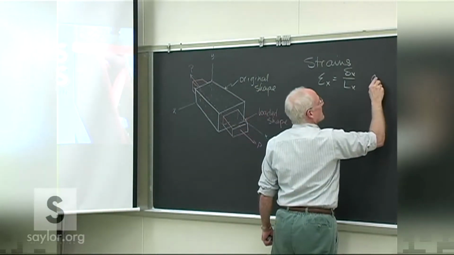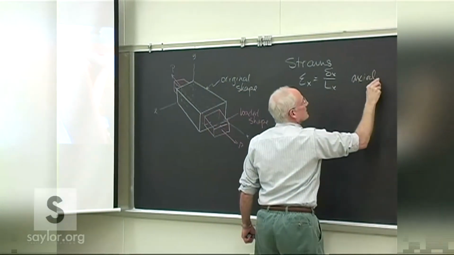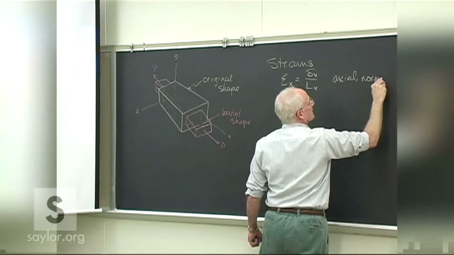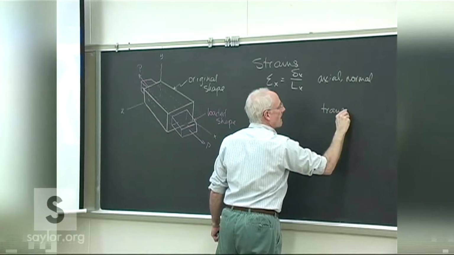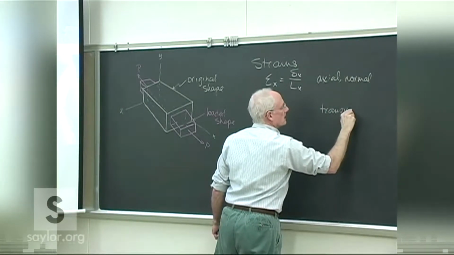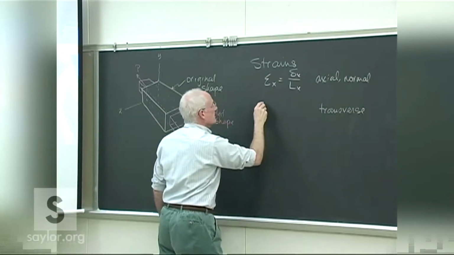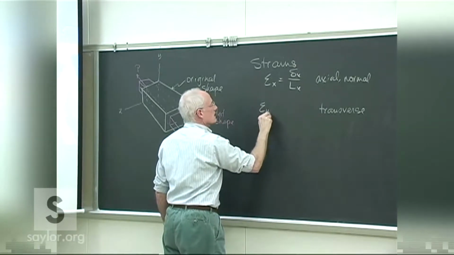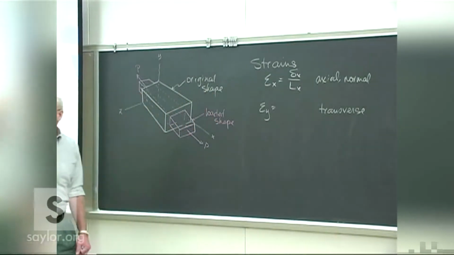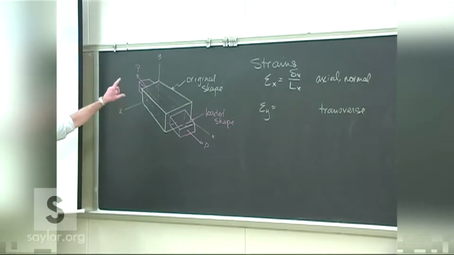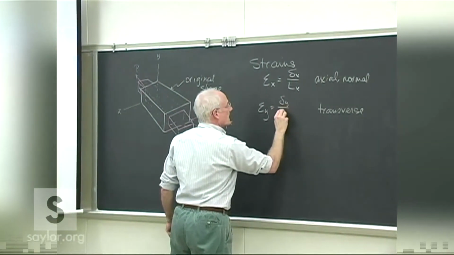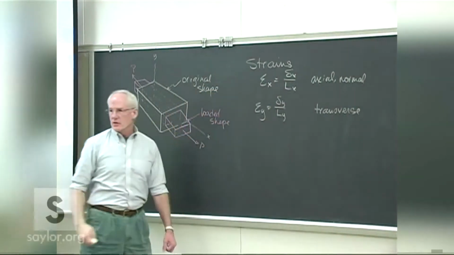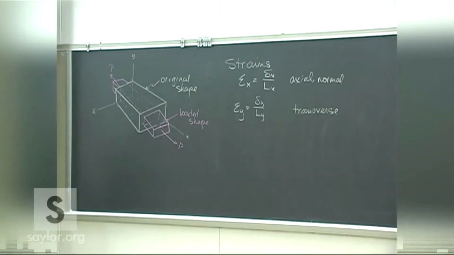This is axial or normal strain. There's also transverse strains in the other direction, the fact that there's a change in dimension in the y and in the z direction. And however much those are, of course, is going to depend upon the loads and the materials and a couple other factors.